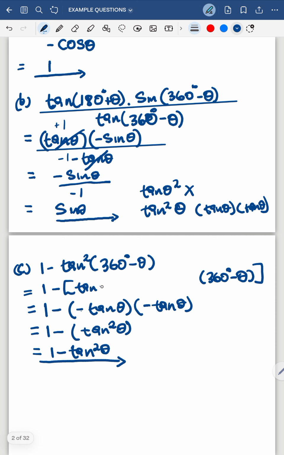So we expanded this. Then we closed the brackets. We put a square bracket because there is a curved bracket inside.